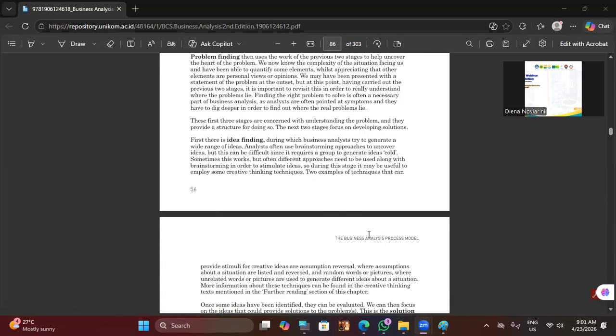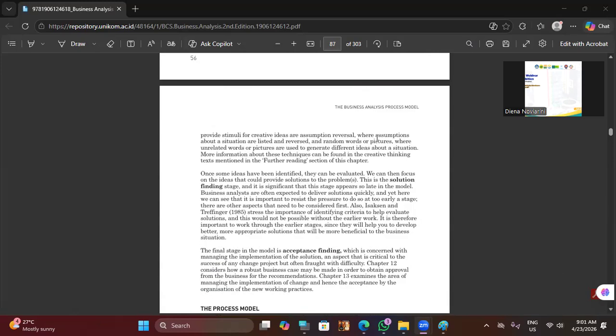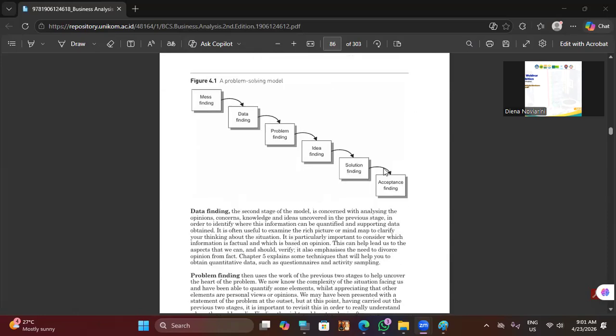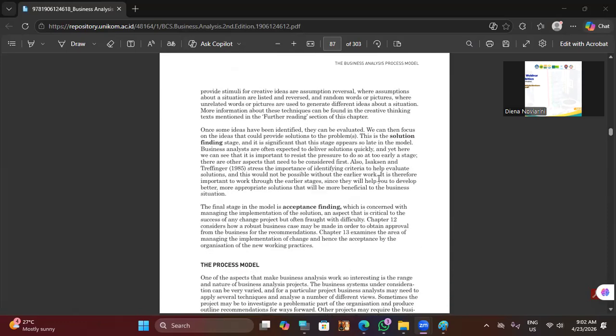Two examples of techniques that can provide stimuli for creative ideas are assumption reversal, where assumptions about a situation are listed and reversed, and random words or pictures, where unrelated words or pictures are used to generate different ideas about a situation.